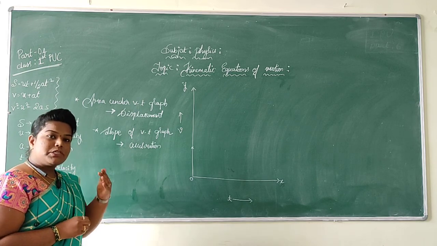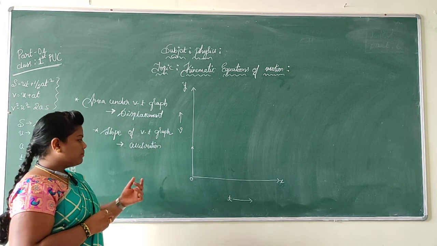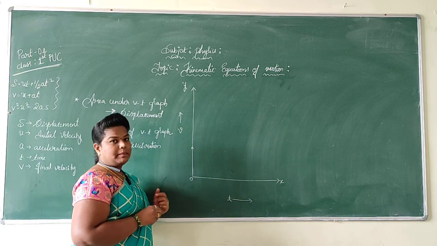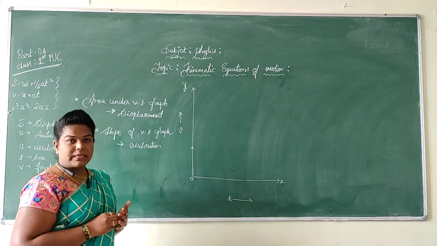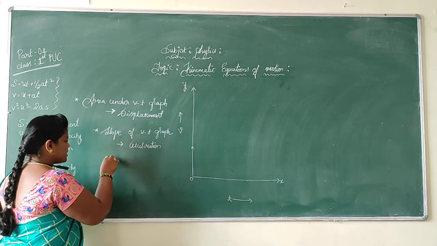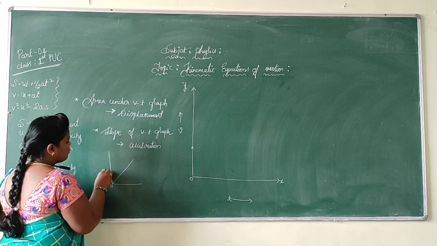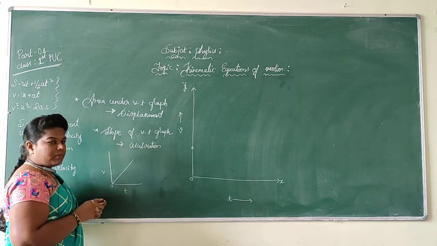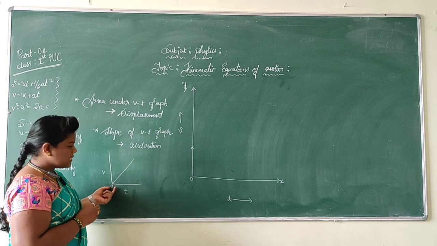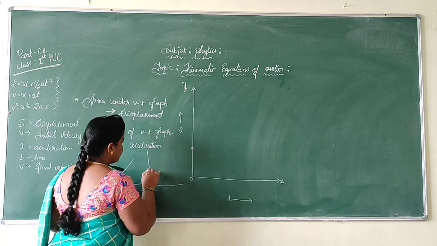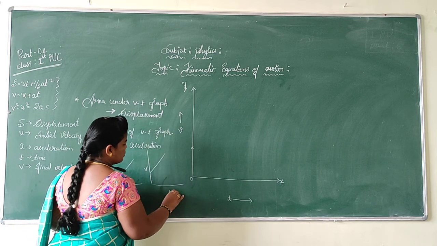If the object is moving with uniform velocity and zero initial velocity, this is the graph. Whereas for the object moving with some initial velocity, this is the graph.